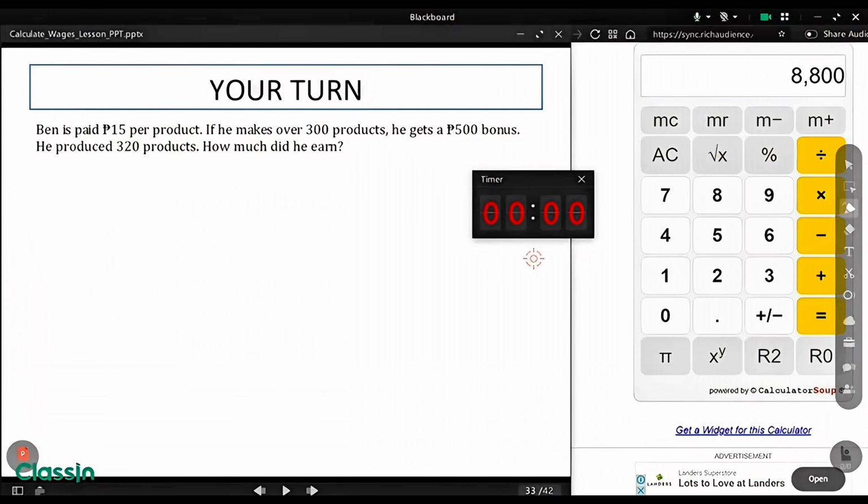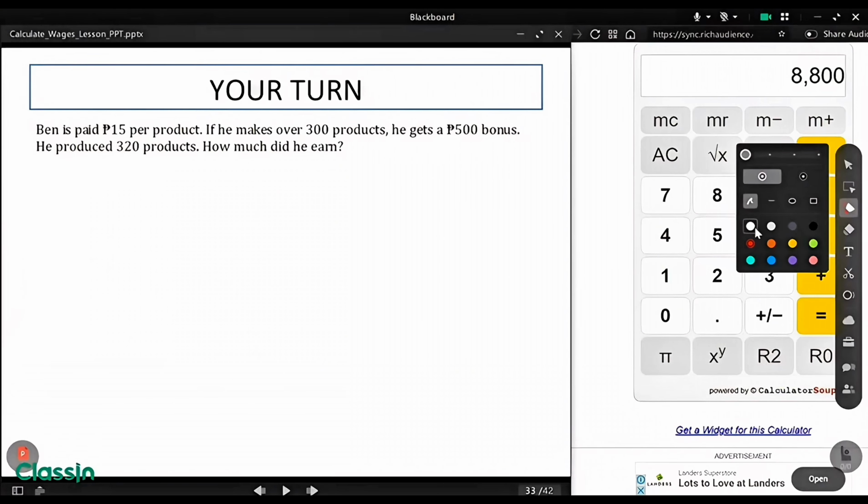Alright, time's up. Now let's check your answer. Let's analyze the problem first. Ben is paid 15 pesos per product. If he makes over 300 products, he gets a 500 pesos bonus. He produced 320 products. How much did he earn?